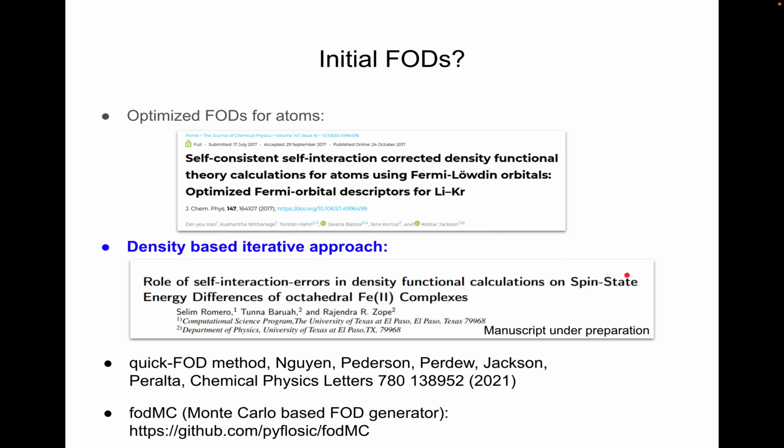Okay. One of the potential challenges for new users who will be using the FLOSIC code may be how to generate the initial FODs. So one way to go, the first step, is you should check out this article by the UCAL group.